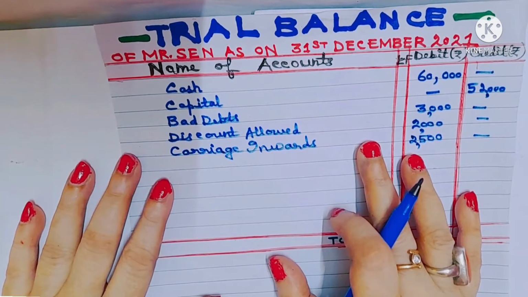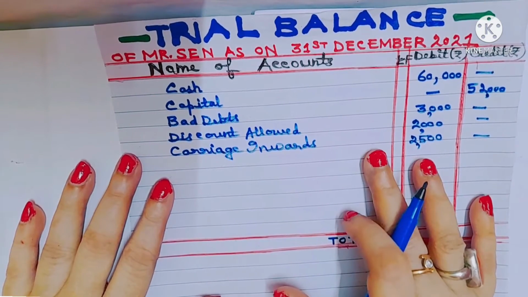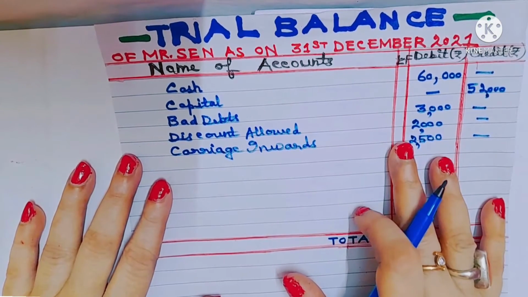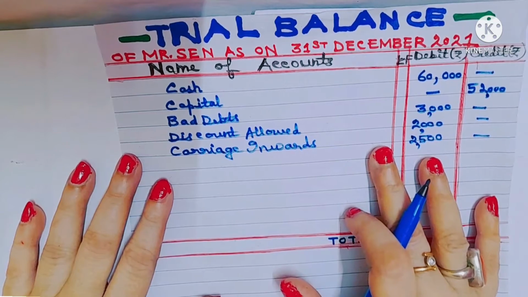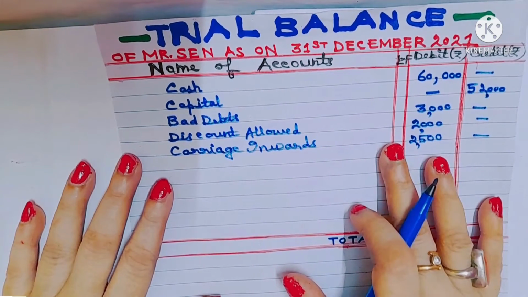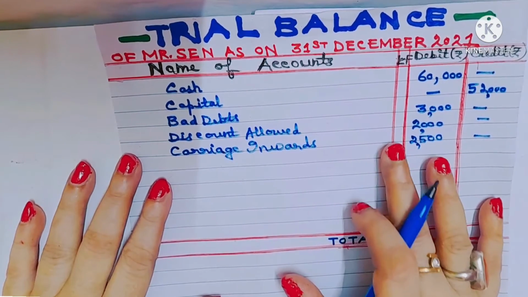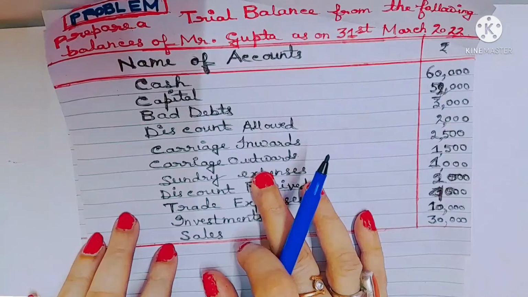Carriage inwards are charges paid on goods purchased. It's a transportation cost. Understood? Carriage inwards falls under nominal account. According to nominal account, all losses and expenses are debited. So carriage inwards will be debited. Understood? Let's see the next account.